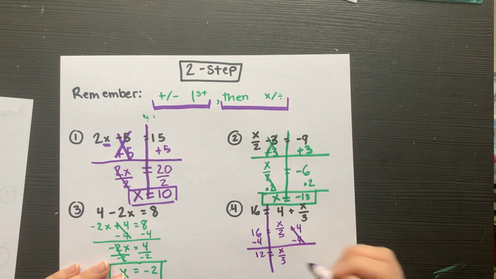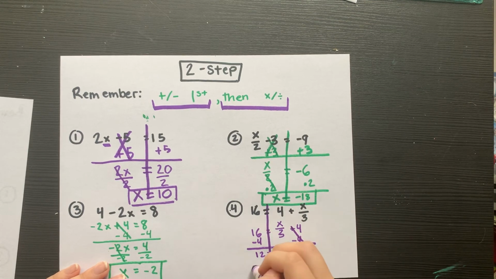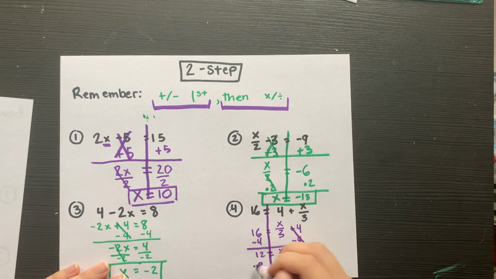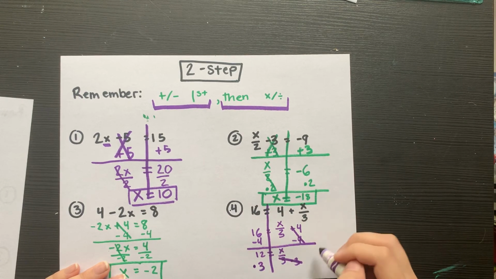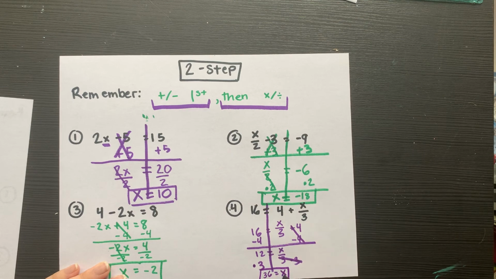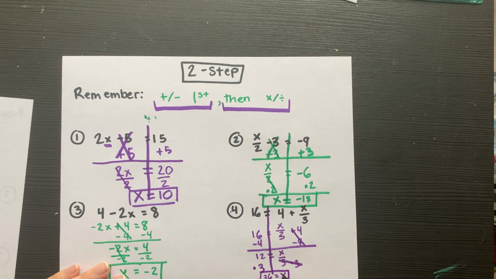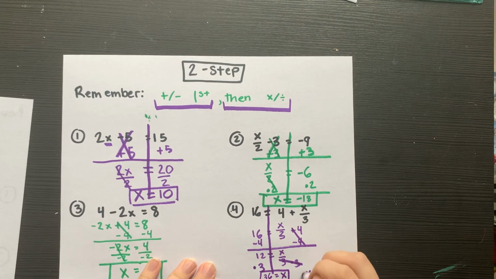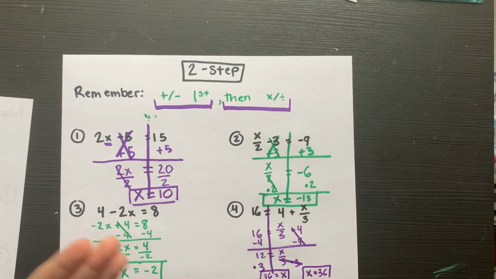When I have x over 3, my opposite is to multiply by 3. 12 times 3 is 36, and x. It doesn't matter if it's 36 equals x like that. It's the same thing as x equals 36. Doesn't matter what order they're in. Don't worry about that. So that is 1 and 2 step equations.